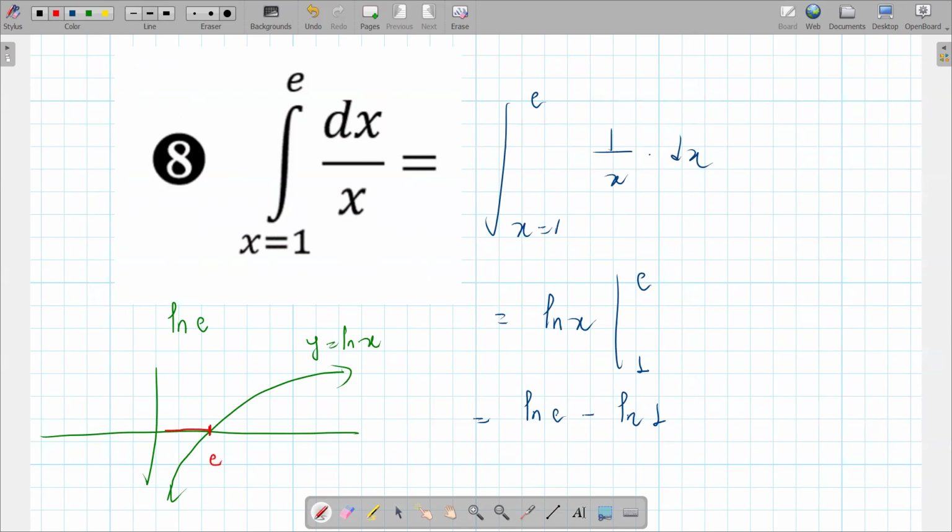What's the y value at that point? 0. Wait a second, is that right? Ln of e, they're inverse functions. No, that's actually incorrect. This is not e. E is somewhere here. That is 1.